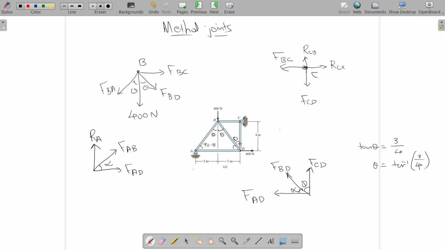If you consider this and this, you have 1, 2, 3, 4, 5 unknowns. Here F BC, CD, again 2 extra unknowns.